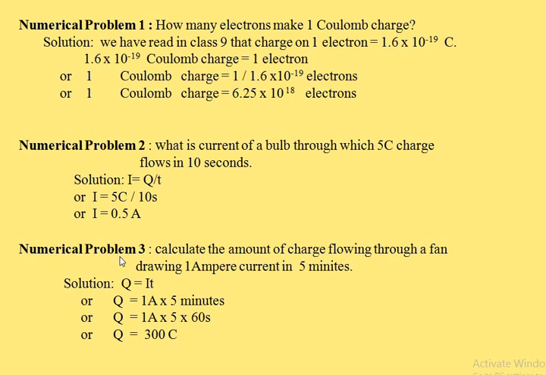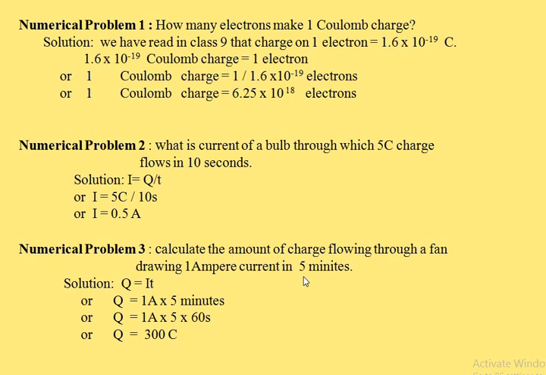Now this third numerical problem: calculate the amount of charge flowing through a fan drawing 1 ampere current in 5 minutes. From the main formula I is equal to Q by T, we can get the formula Q is equal to I T. When we put the value of current and time, one important thing you have to remember here: time is provided in minutes.